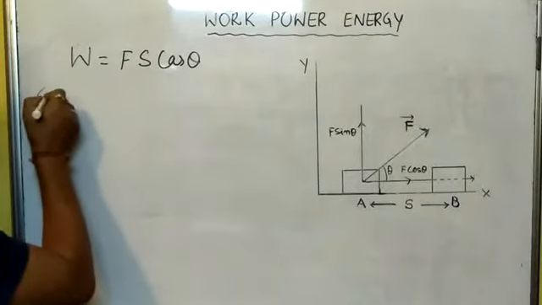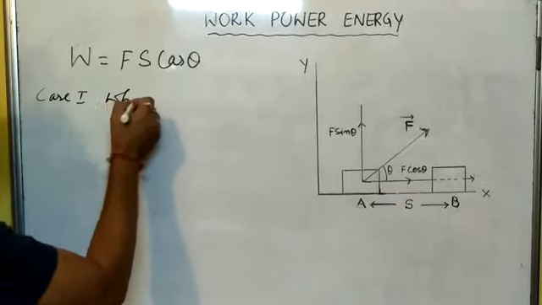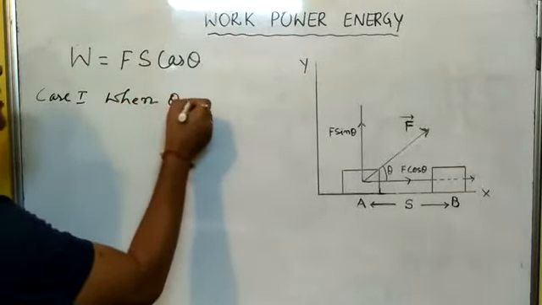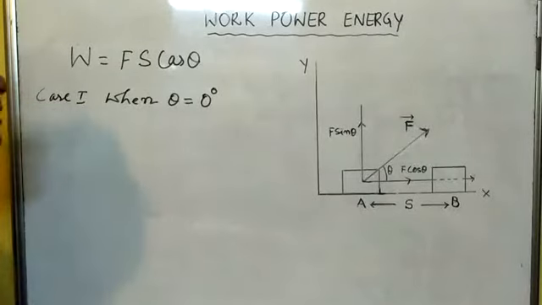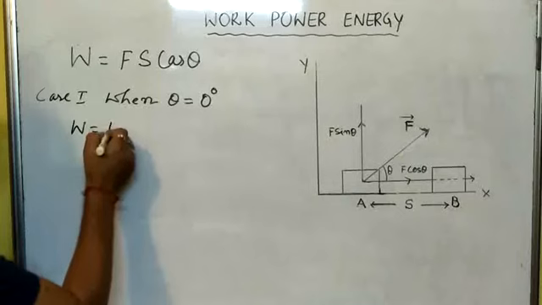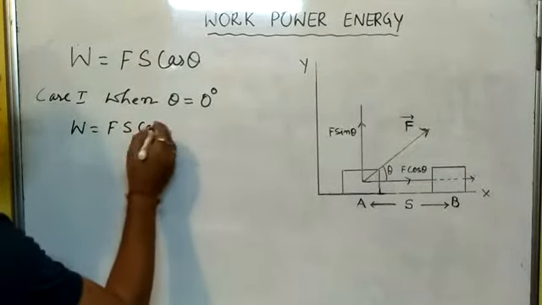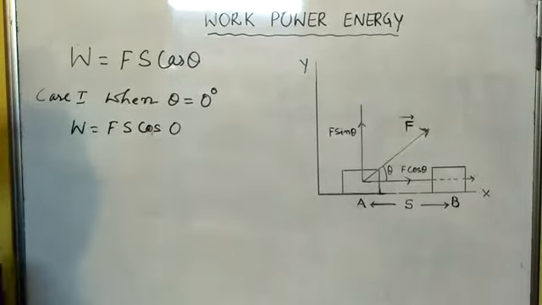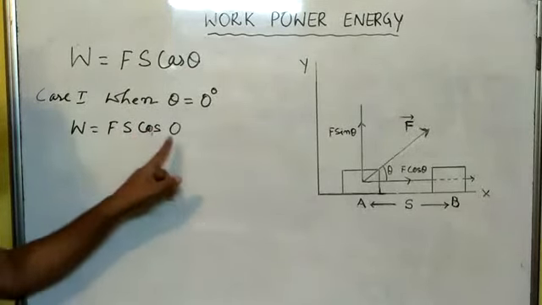Case 1: what happens when theta is equal to 0 degree? When theta is equal to 0 degree, then W is equal to F S cos 0. So, the angle between F and S is now 0.